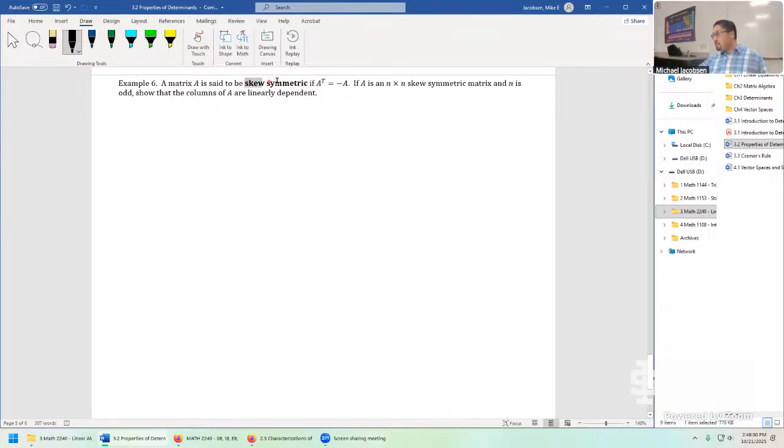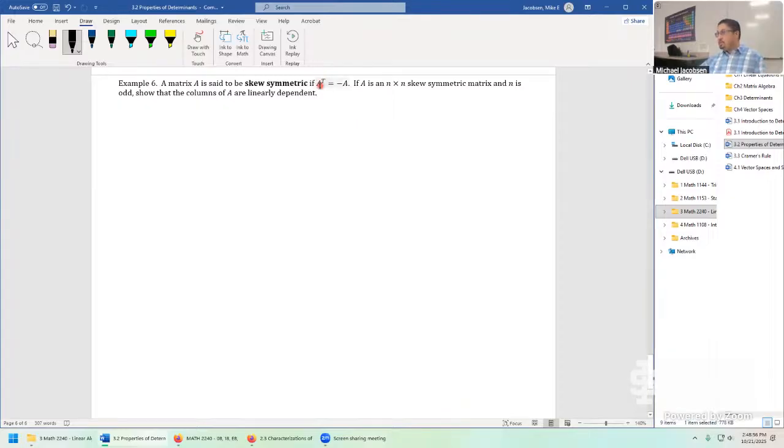Skew symmetric matrices tend to have loads of applications in linear algebra as well as other areas, physics and engineering. The short definition is that a matrix is skew symmetric if its transpose is equal to negative A. These matrices automatically have a lot of interesting properties. You could deduce from just this definition that skew symmetric matrices have a main diagonal that's identically equal to 0.